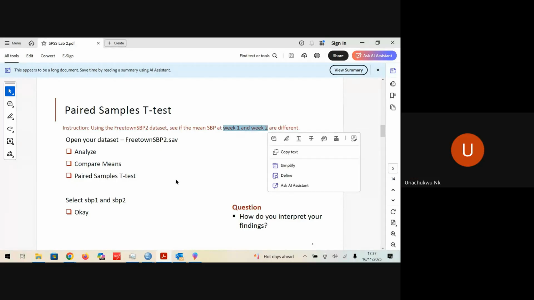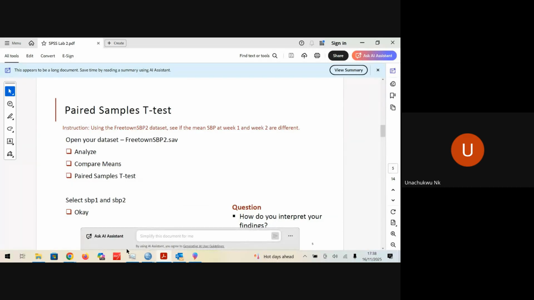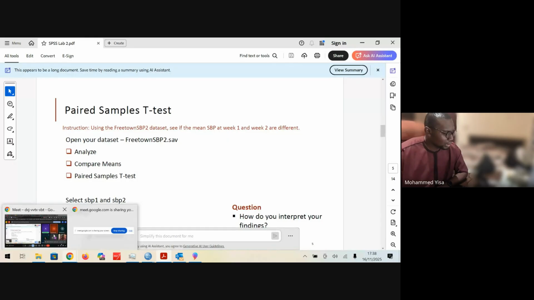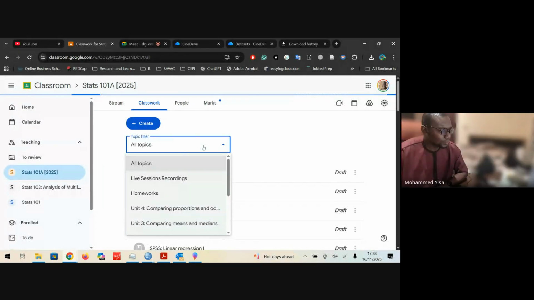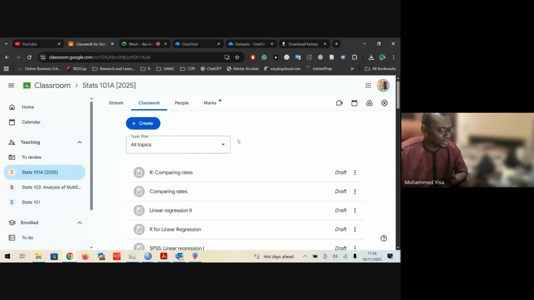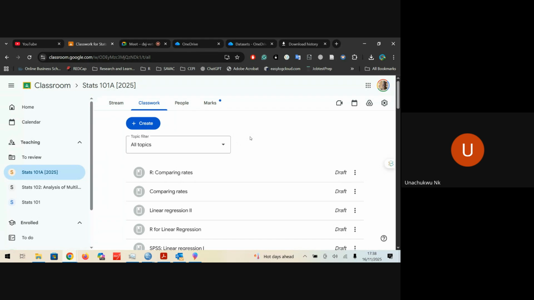The data set that we got from the classroom is in PDF file. So my SPSS lab is open, and I'm having some issues. Okay, let me see. It's in PDF, so it's not Excel. Can you see my screen? Yeah, I can see.